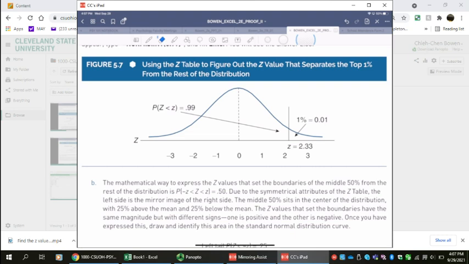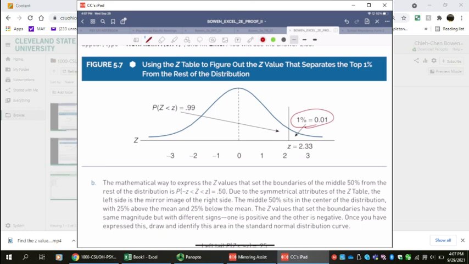Top 1% is from the highest point going in, so this part is the 1%. So this is the top 1%.